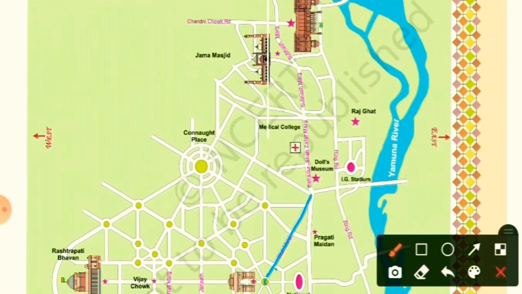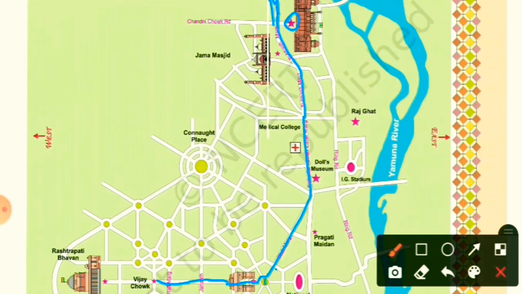Now it is meeting Bahadur Shah Zafar Marg. And now Bahadur Shah Zafar Marg is meeting Netaji Subhas Marg here, and it continues. So here is Red Fort. You can see it, and the road is now longer. In this way we have traced the parade, how it will go.